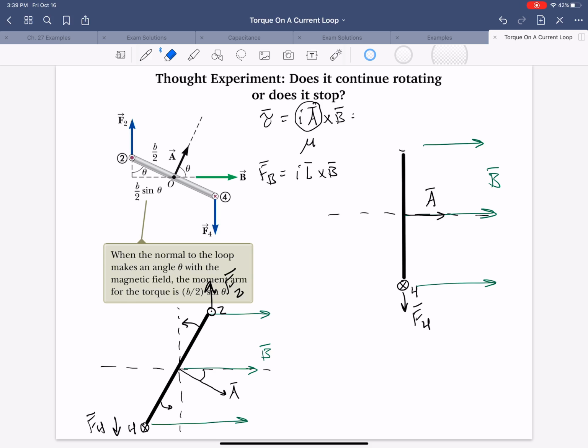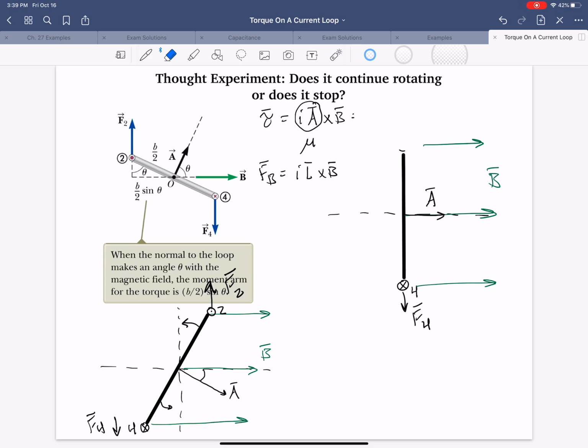So that's a cross, whoops, that's a dot. So now that's segment 2 and that's 4, like before. So now we have a net force downwards, net force upwards, on those respective halves of this loop.